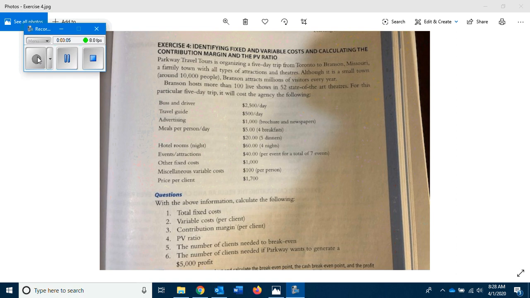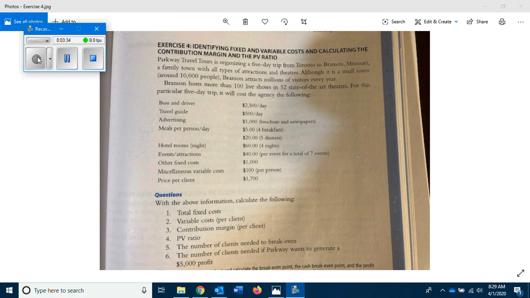It wants the total fixed cost, the variable cost per client, and then of course your selling price per client minus your variable cost per client gives you your contribution margin per client. And as we've talked about, the profit variance ratio or the PV ratio is just like when we were doing the vertical analysis.